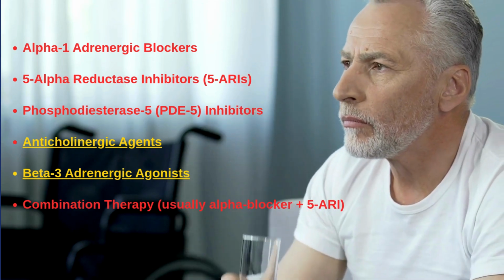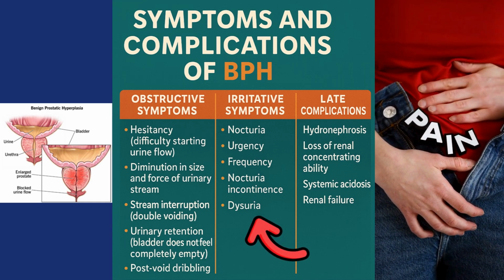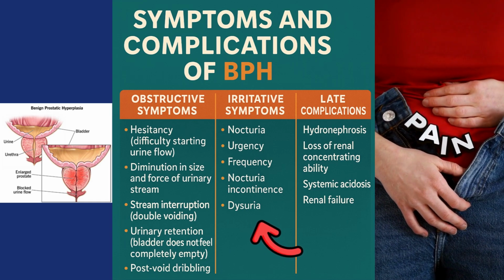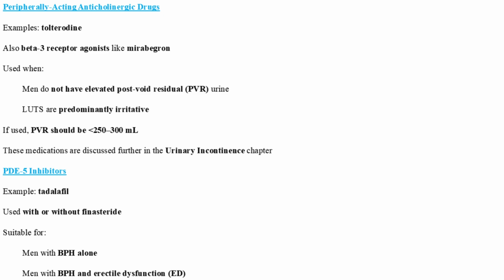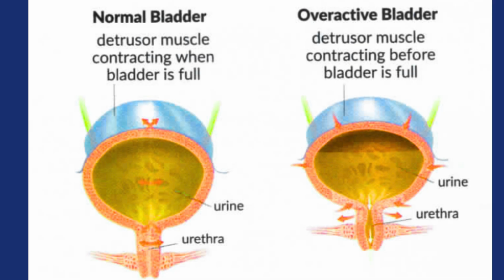Additional treatment options include anticholinergic drugs such as tolterodine and beta-3 agonists like mirabegron. These are used in combination with alpha blockers when symptoms are predominantly irritative rather than obstructive, but only in men who have a postvoid residual volume, PVR, less than 250 to 300 ml, to avoid urinary retention.